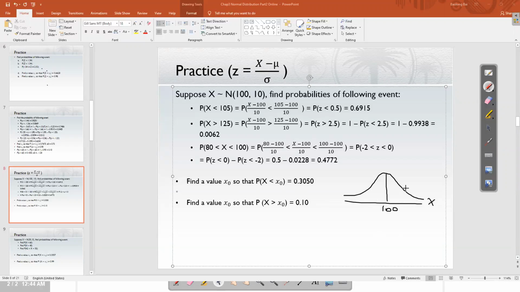And we're looking for a score somewhere on the x-axis. So this will be x0. And you basically need to move x somewhere on the x-axis until you're making the probability to the left equal to 0.3050.